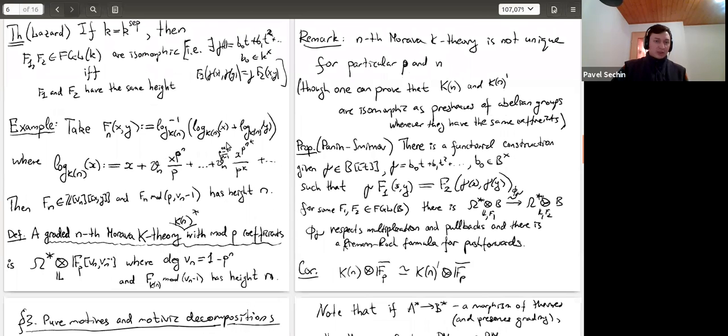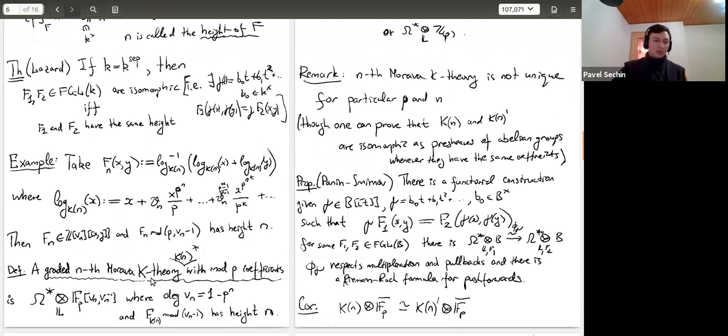Okay, so finally we can define the Ernst-Morava K-theory, and that's not the definition of the Ernst-Morava K-theory, but of a graded Ernst-Morava K-theory. Because what you have to do is choose a formal group law over this ring of coefficients.